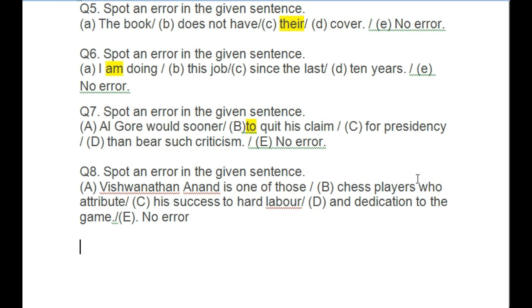So "who attribute" is correct this time. Otherwise it should be "who attributes," had it been for Vishwanath Anand. So this is for chess players. Now "his success" is not the correct possessive pronoun for chess players, though for Vishwanath Anand it would be correct. So what should be written here is "their."